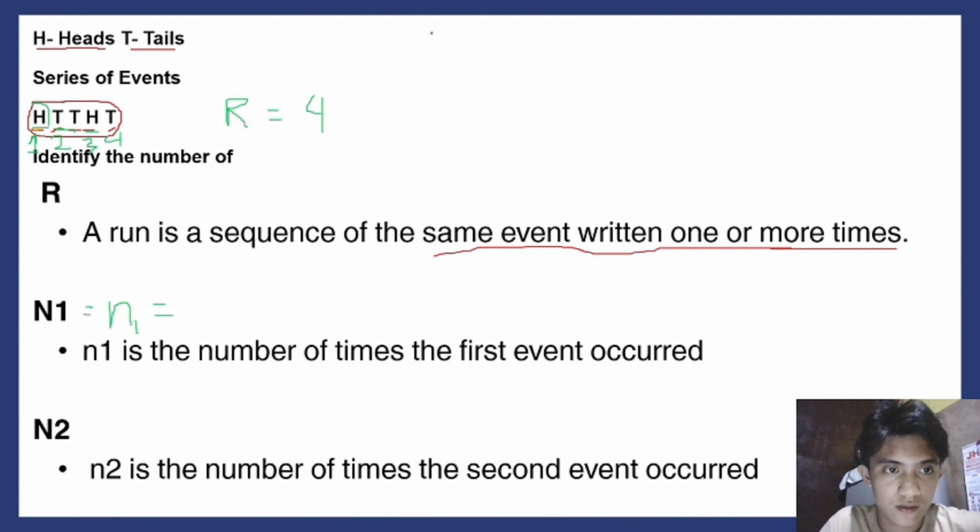This is our first event. Now, let's count how many heads occurred. So we have 1 and 2, meaning our n1 here is 2.